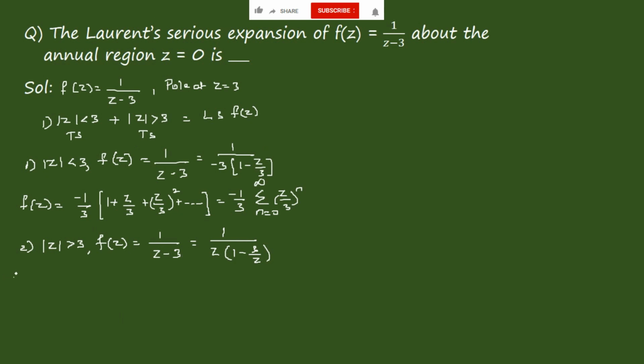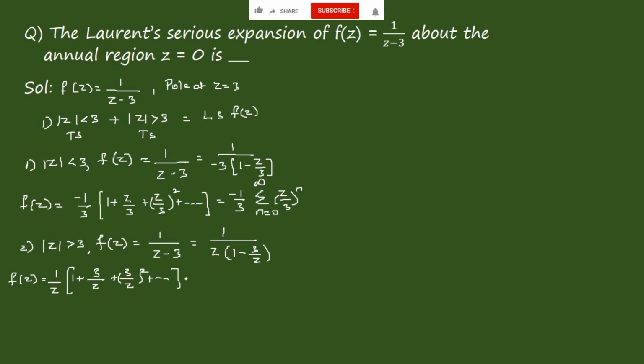So we can expand this function: f of z equal to 1 by z into 1 plus 3 by z plus 3 by z square plus so on.